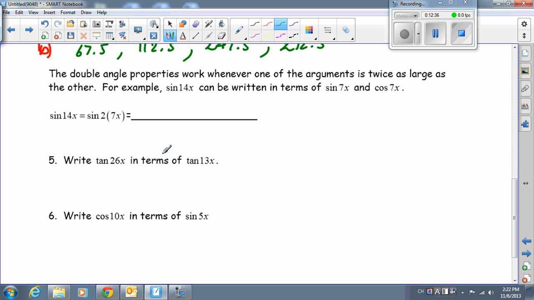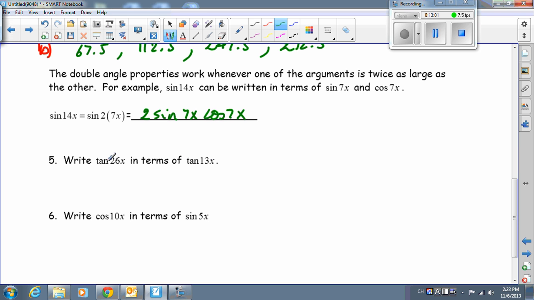Alright, the double angle properties work whenever one of the arguments is twice as large as the other. For example, sine of 14x can be written in terms of sine of 7x and cosine of 7x. And this would be 2 times the sine of 7x times the cosine of 7x. Now let's write the tangent of 26x in terms of 13x.